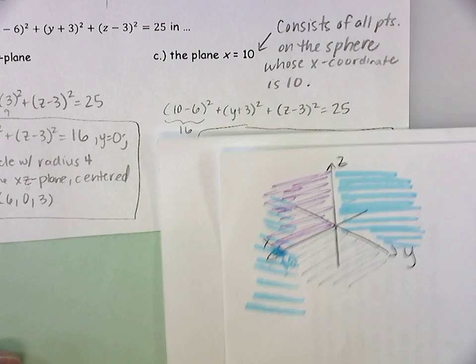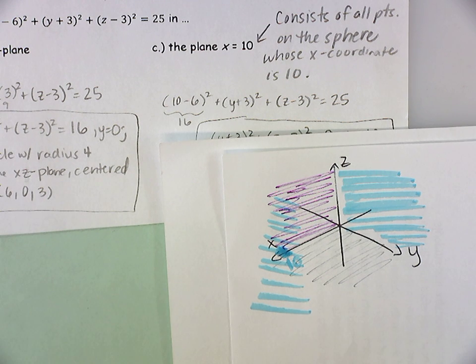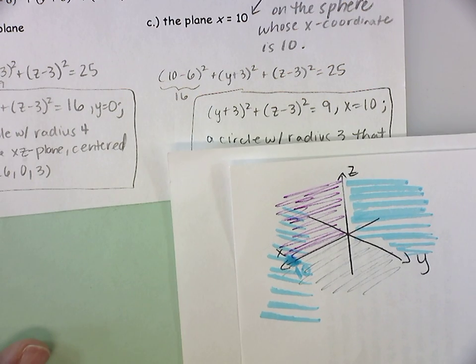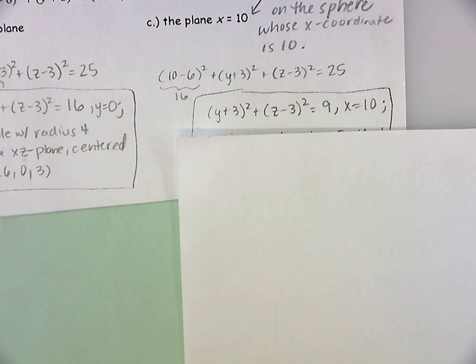So 10 minus 6 is 4. 4 squared is going to be 16. What are we going to do with that 16? Yeah, subtract it from both sides. So we have y plus 3 squared plus z minus 3 squared equals 9. And that's when x is 10.